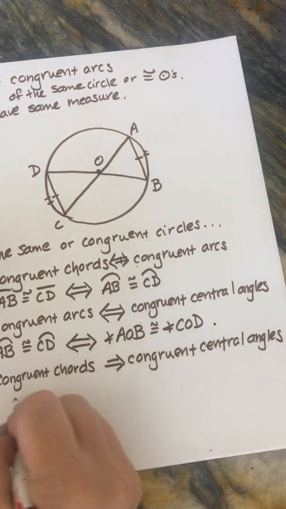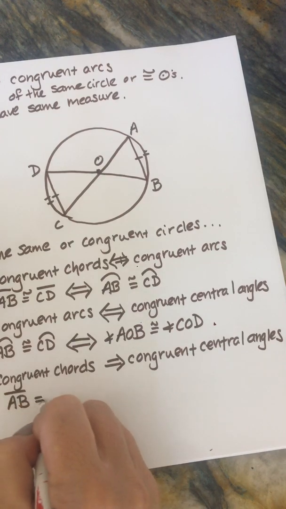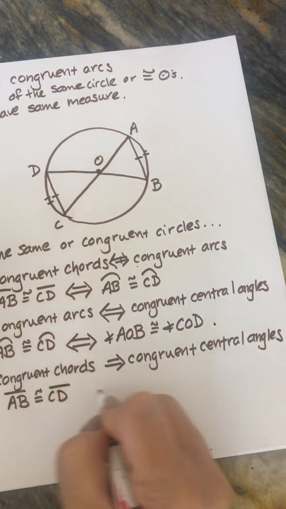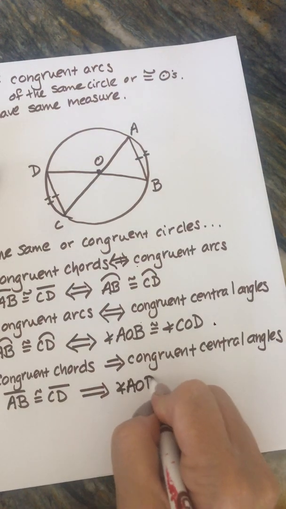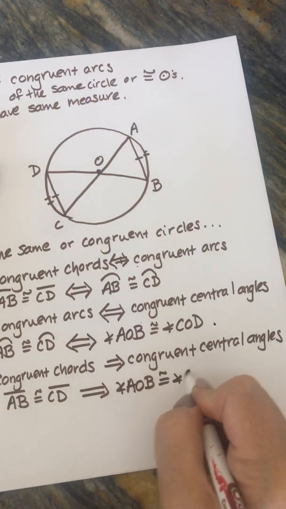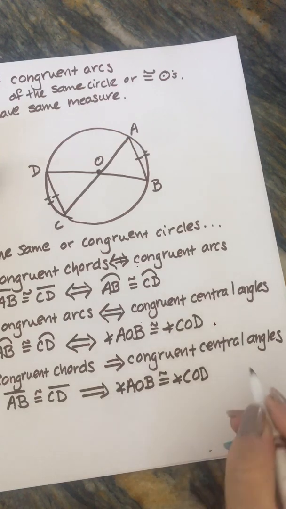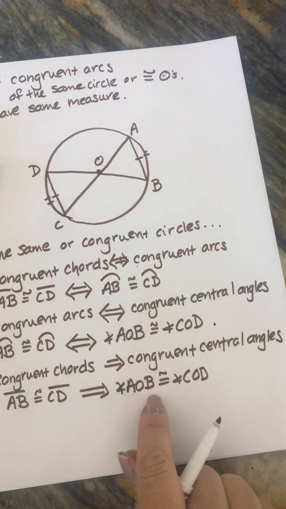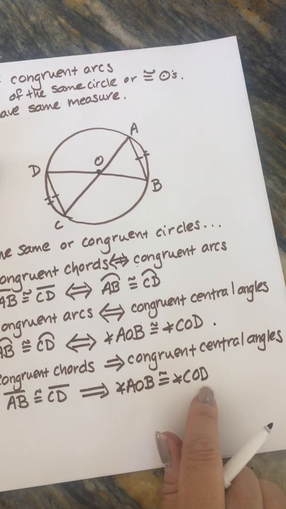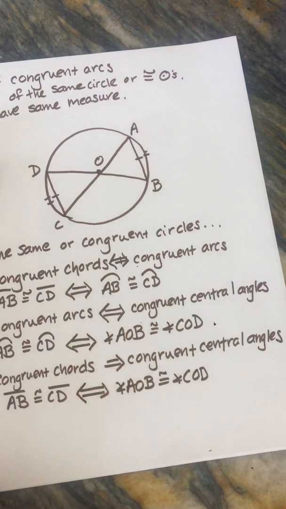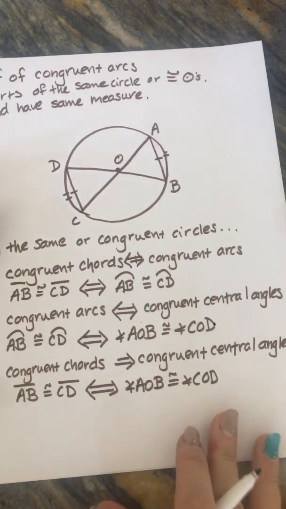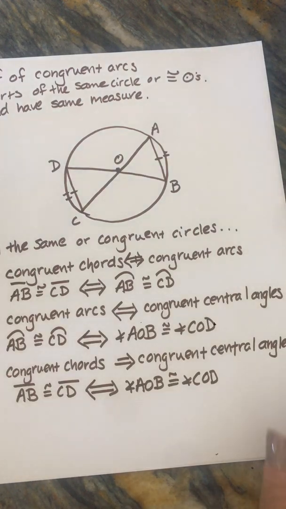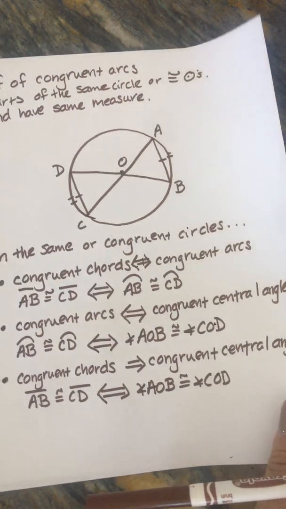If AB is congruent to CD, then angle AOB is congruent to angle COD. Likewise, if angle AOB is congruent to angle COD, then chord AB is congruent to chord CD. So there's 6 theorems here, but they're all related to each other. So keep this handy while we do the examples.